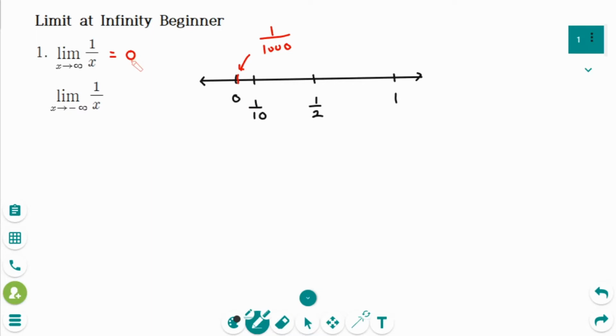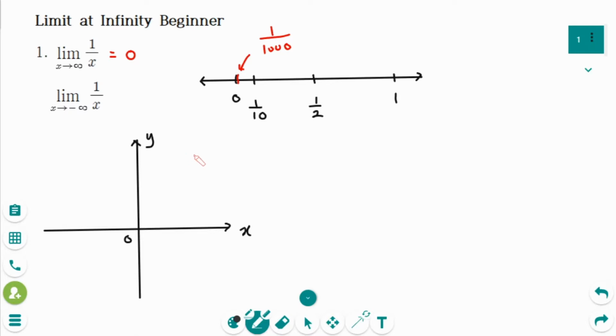The second way is using geometry. This is the y-axis, 0, x-axis.